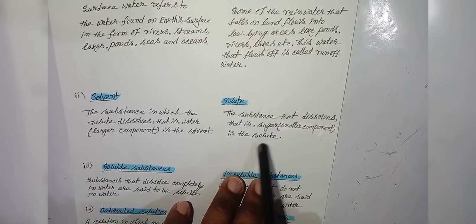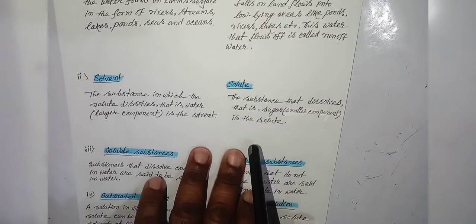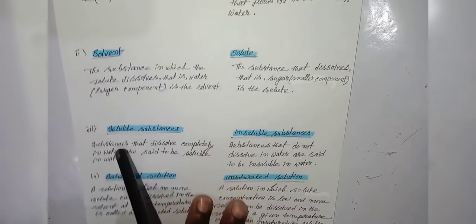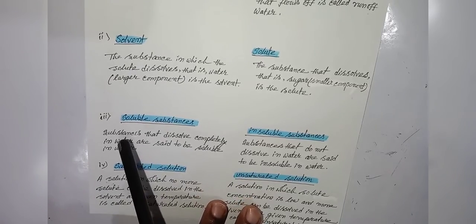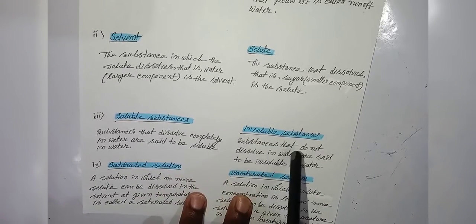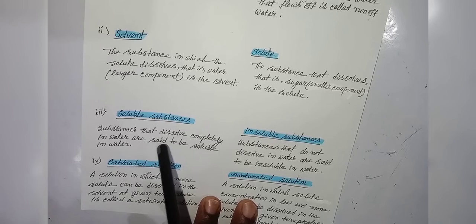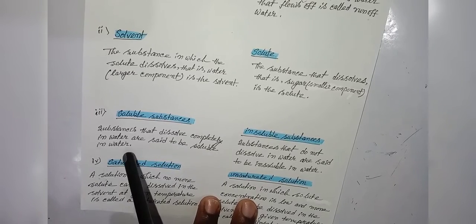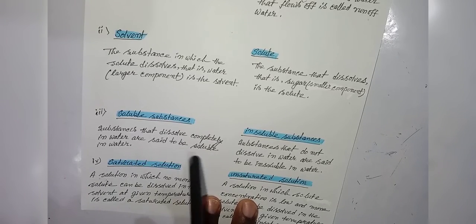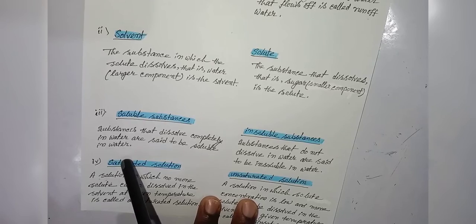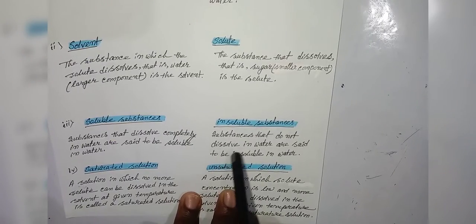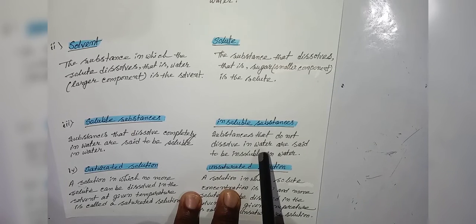Next difference between soluble and insoluble substances. Substances that dissolve completely in water are said to be soluble in water. Substances that do not dissolve in water are said to be insoluble in water.